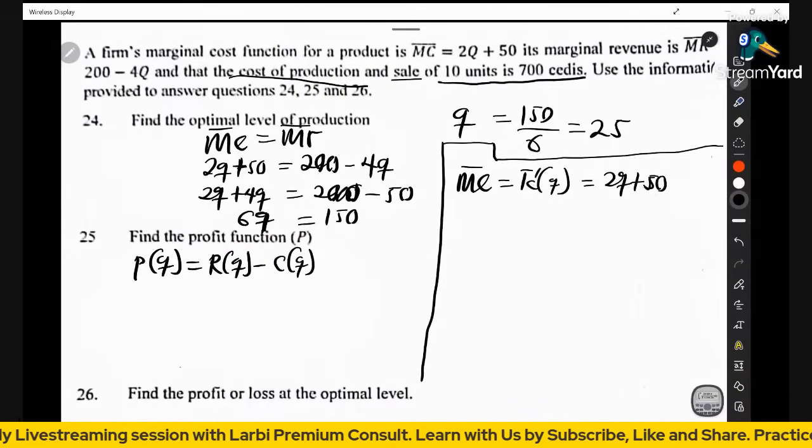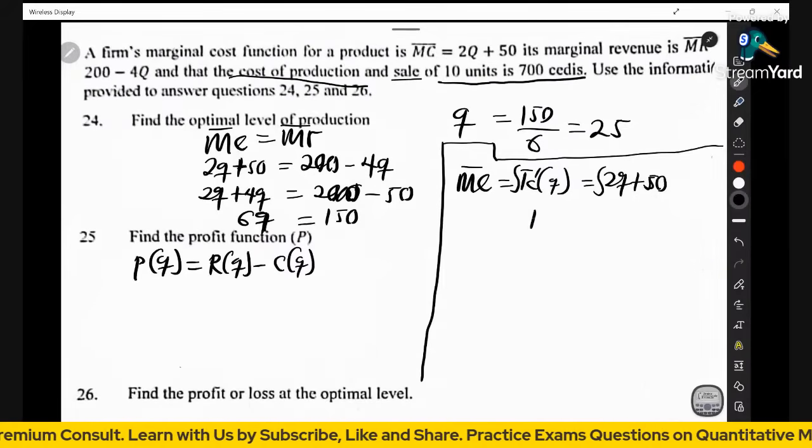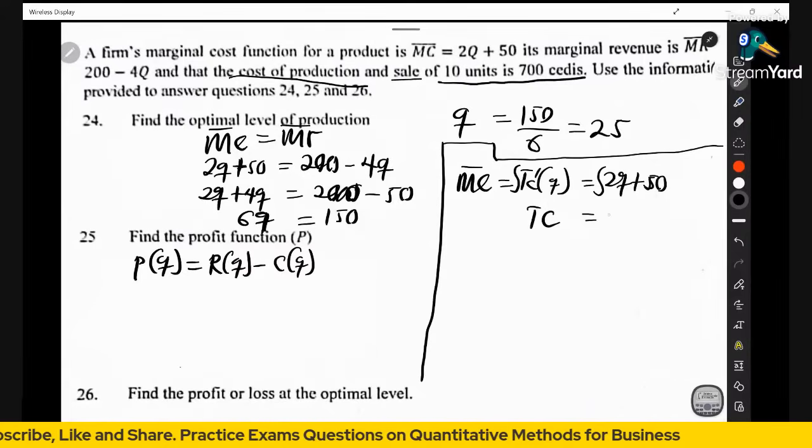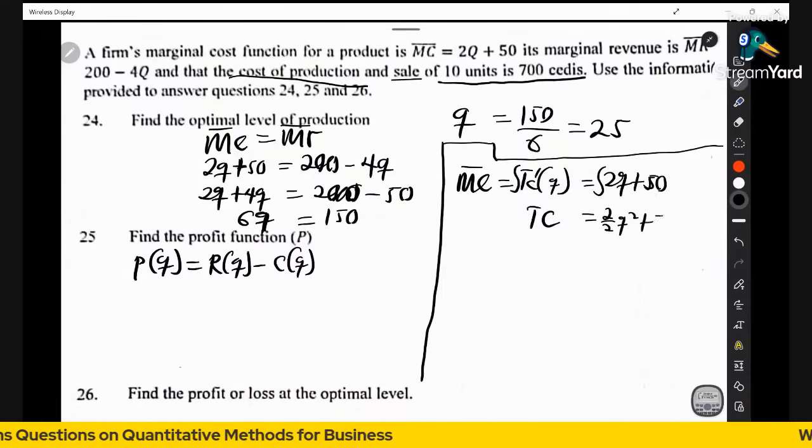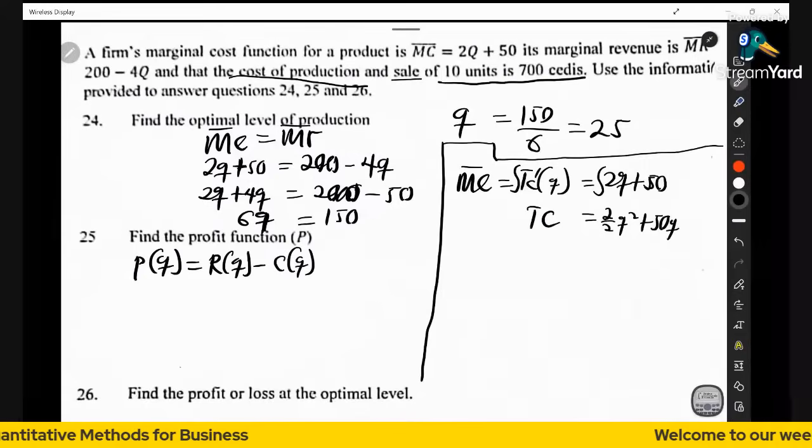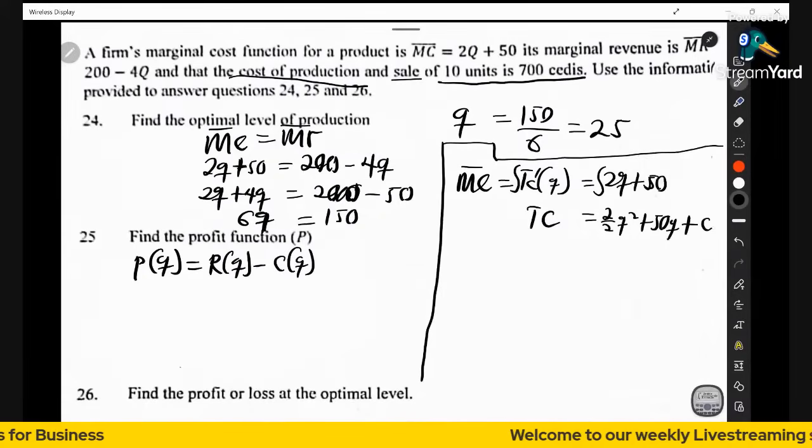So I need just to integrate this. When I integrate this, I'll get my total cost, which should be equal to the integral of 2Q, which is 2 over 2 Q squared, plus 50Q. Since this is an indefinite integral, we introduce a constant, say C.